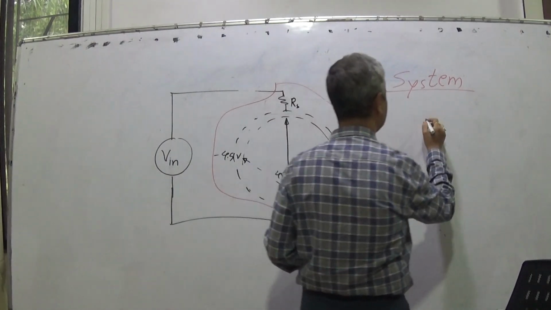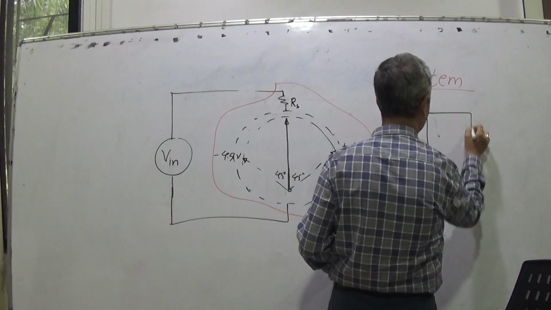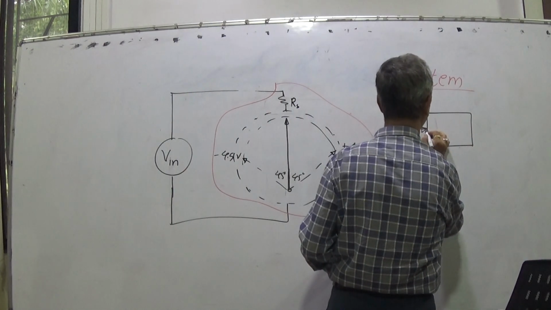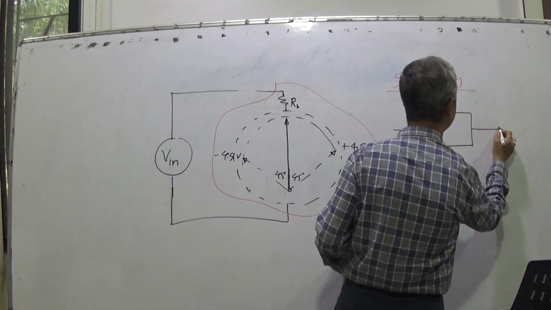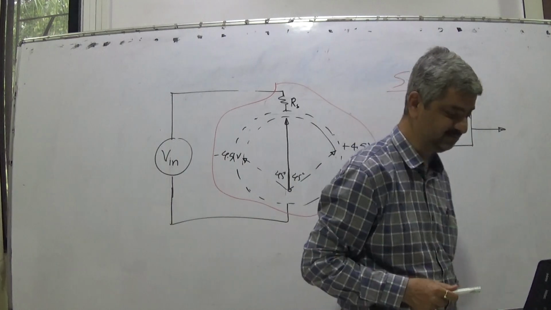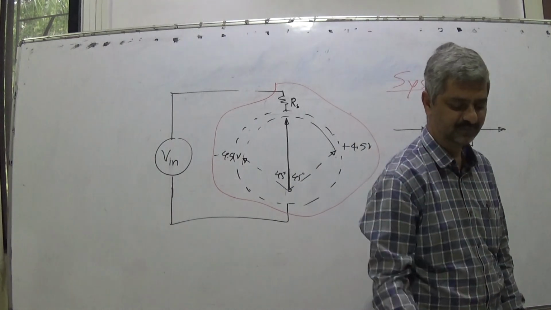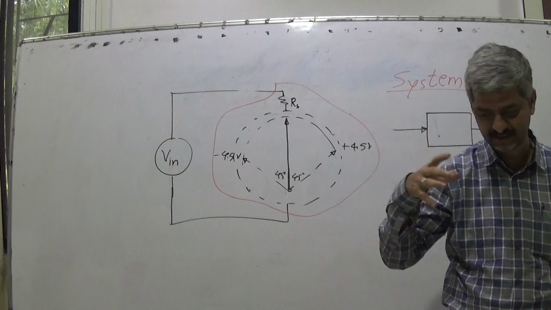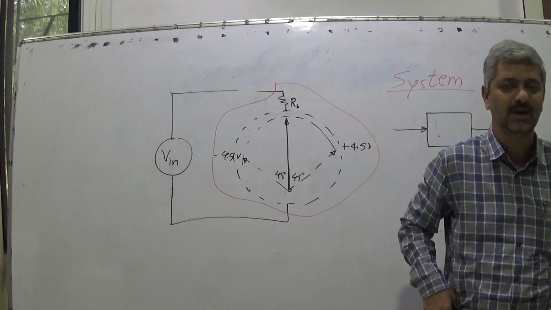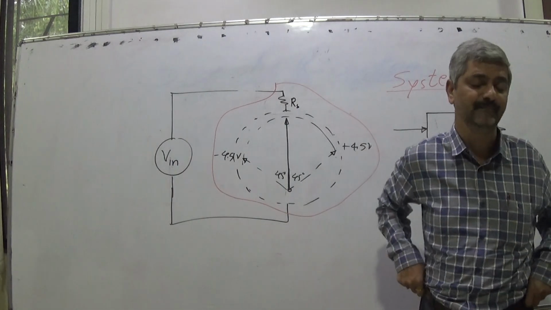So this I say a system and I represent it with a black box. To this system there is an input and the system delivers an output. I will try to explain. This is very simple, but a deeper meaning is attached here, that also I will address appropriately to you.